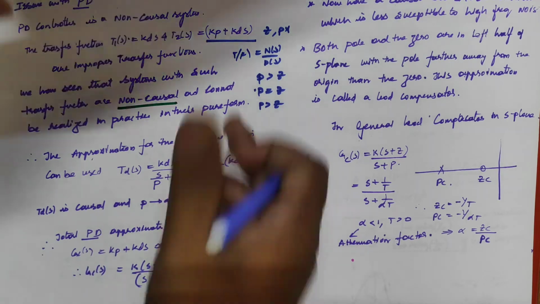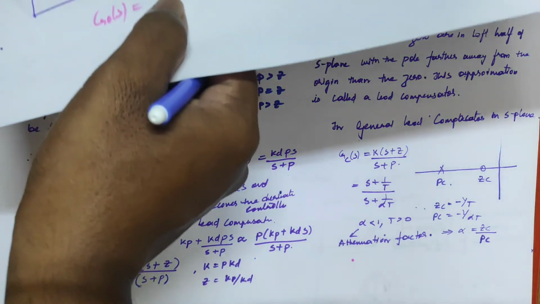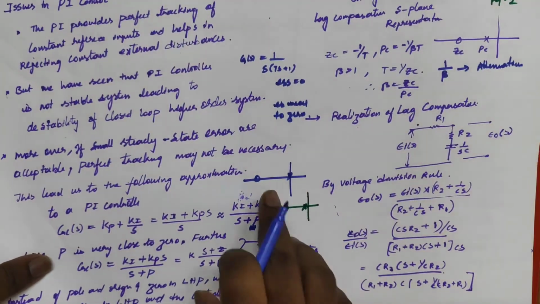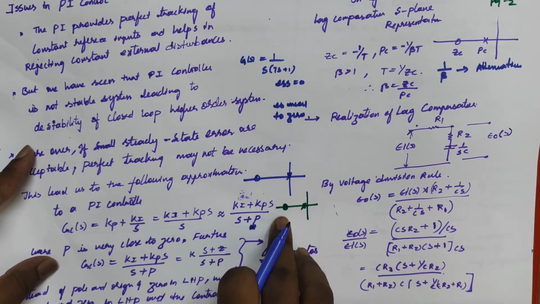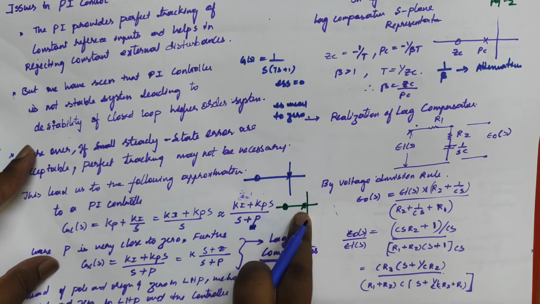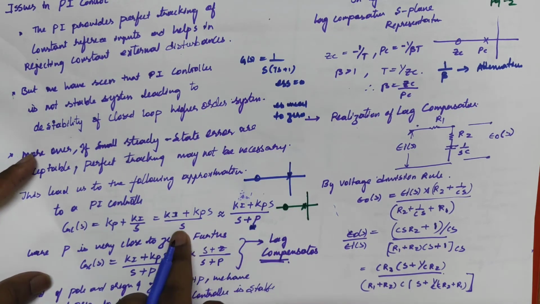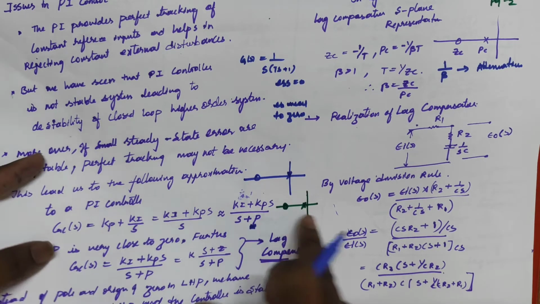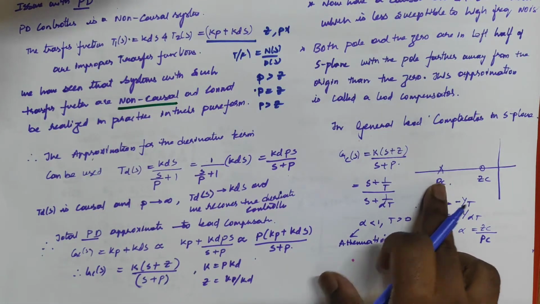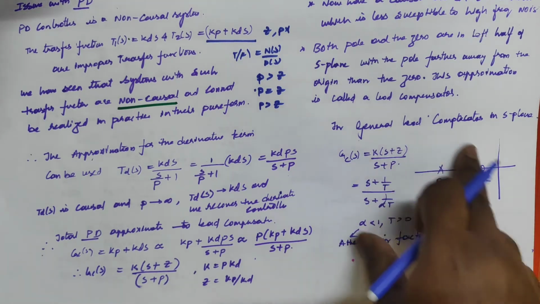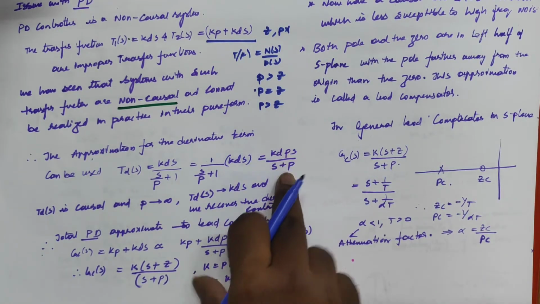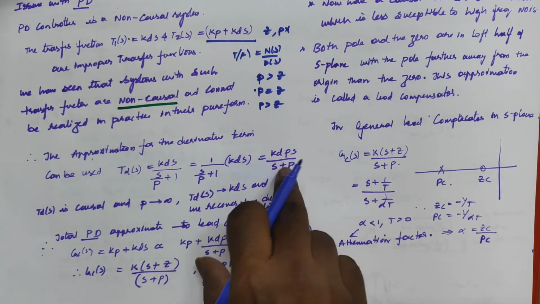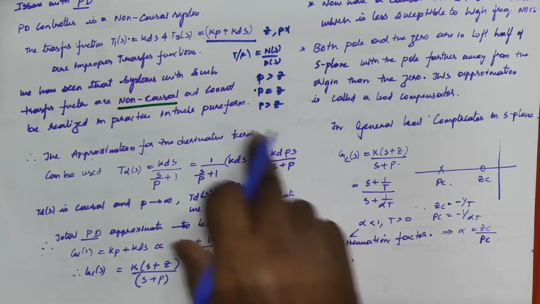So what is the difference from the lag compensator? In the lag compensator, we incorporated a pole near the origin. Here we incorporate a pole far away from the origin, which has less impact on the overall system. We incorporate the pole only to make it realizable.